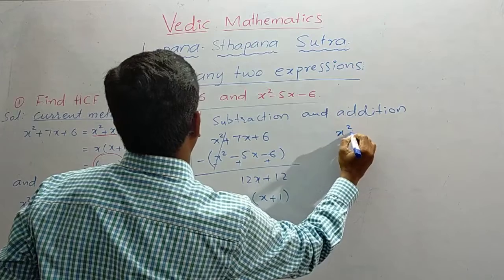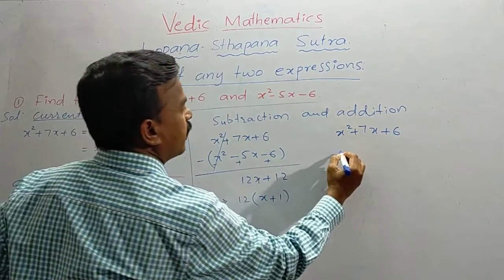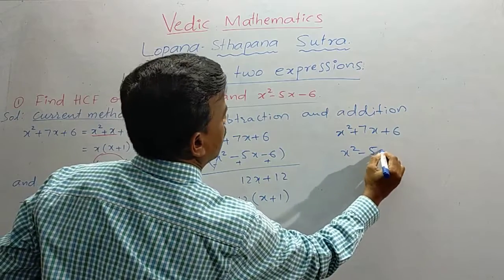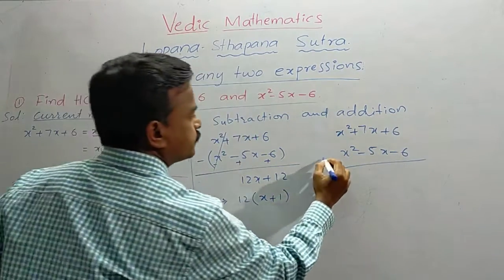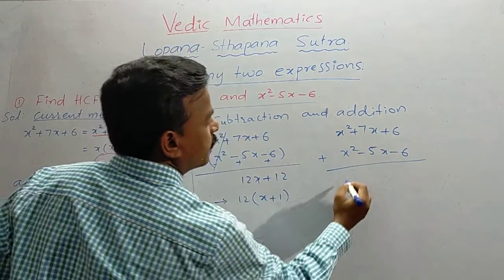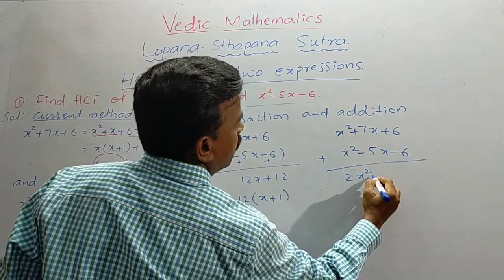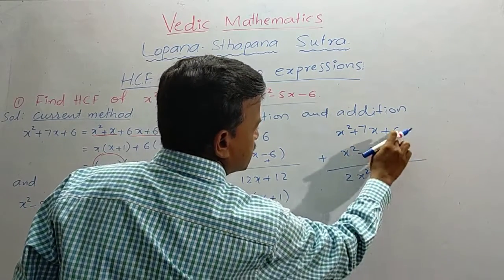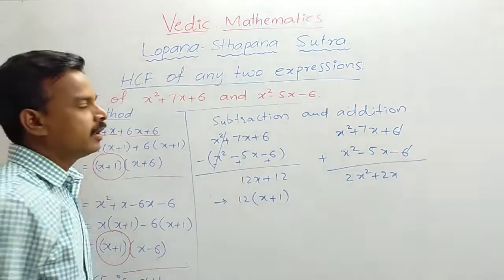Now addition: x square plus 7x plus 6 and x square minus 5x minus 6. x square plus x square is 2x square, 7x minus 5x is 2x, and 6 minus 6 is 0, need not write.